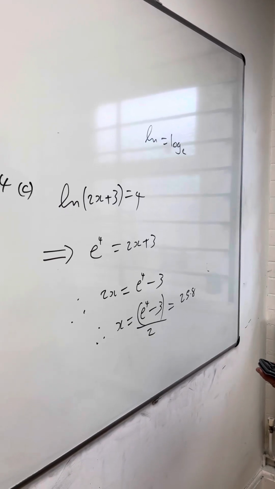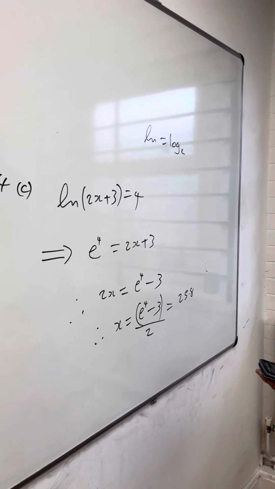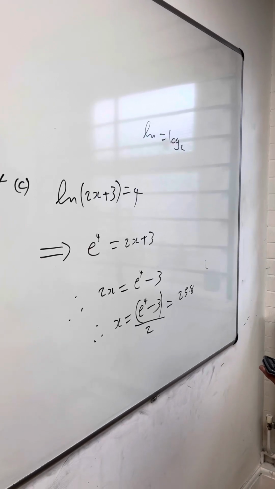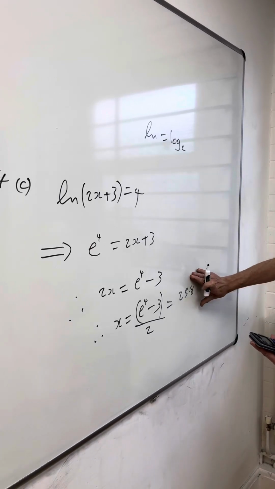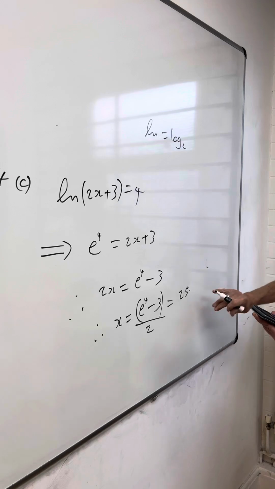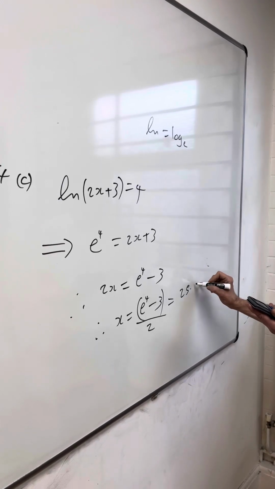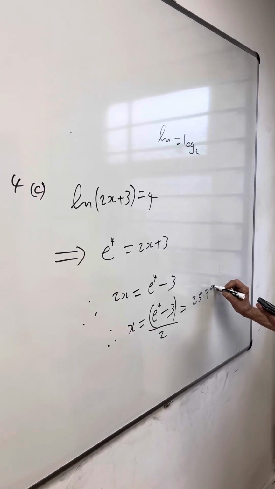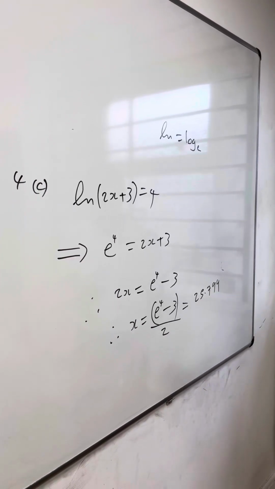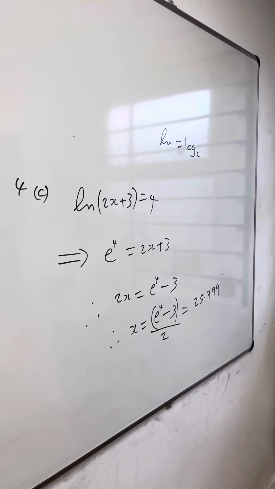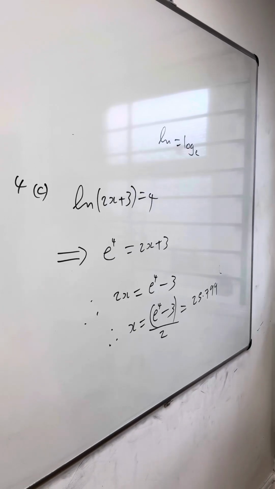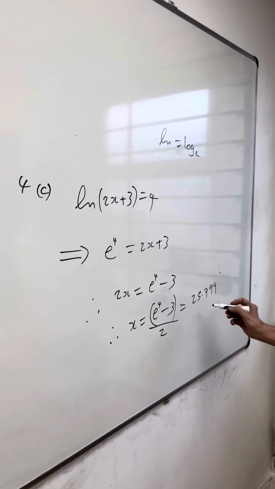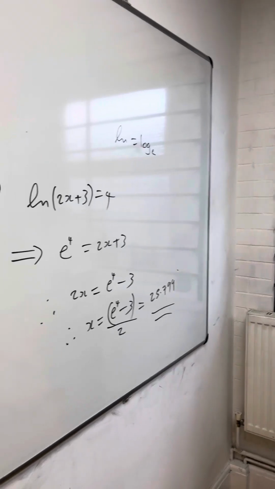So to 3 decimal places, that would be 25.799. Okay, as required.